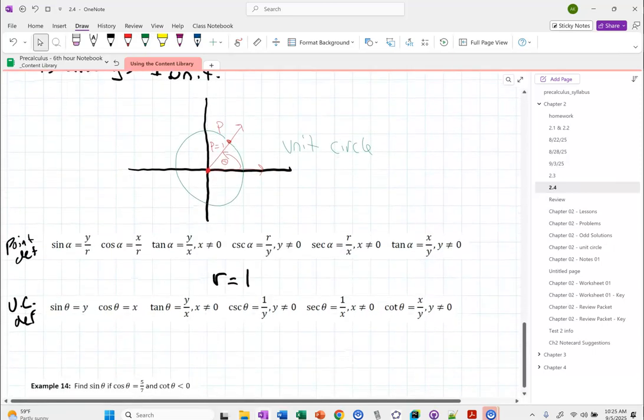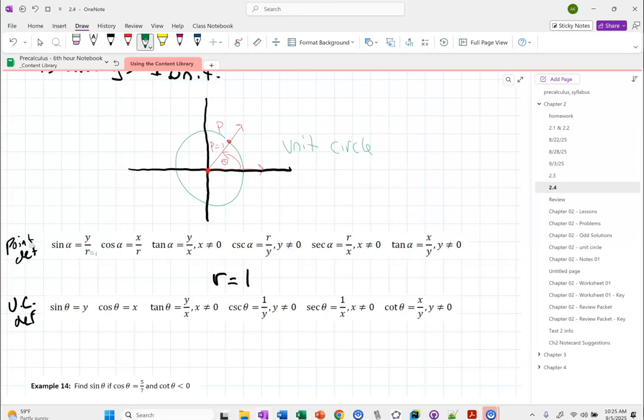So if we take our point on the terminal side definitions, and R is just equal to 1, y over 1 just becomes what?